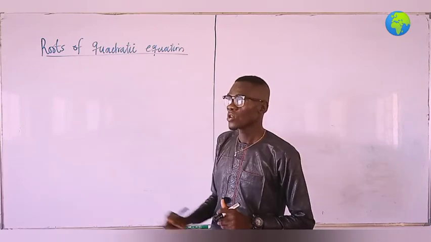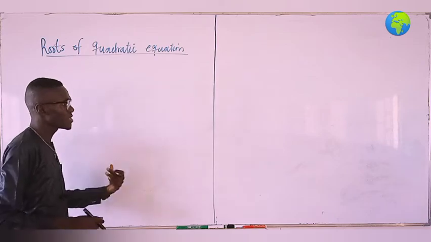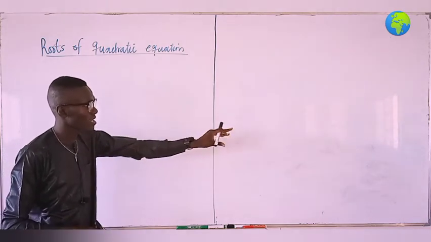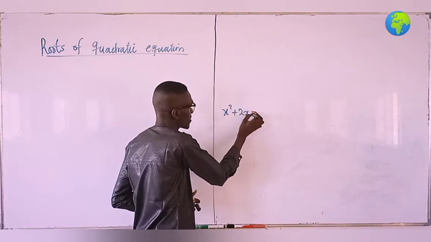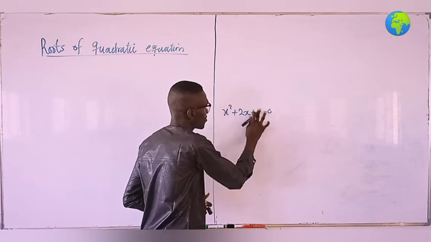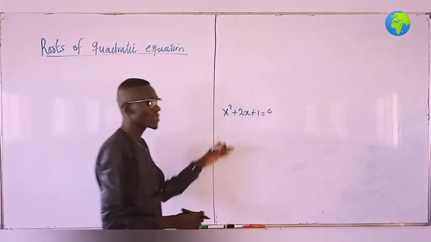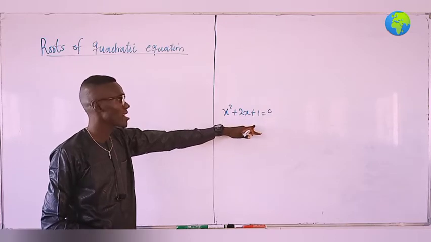So when we say the root of a quadratic equation, in the last video we had a result for a certain quadratic equation, which was x squared plus 2x plus 1 equals 0. Sorry, I like omitting the 1. So we said this is equal to 0, and the only solution to this is minus 1. There are conditions.